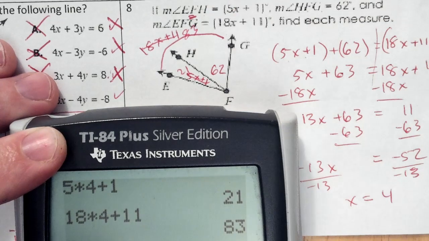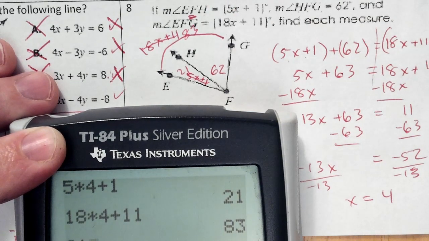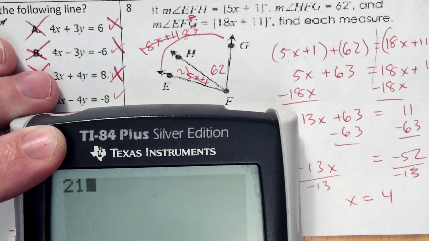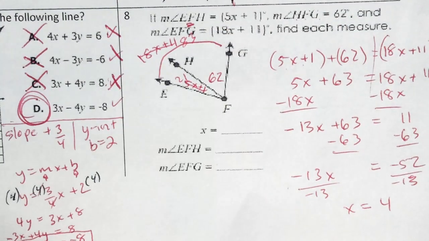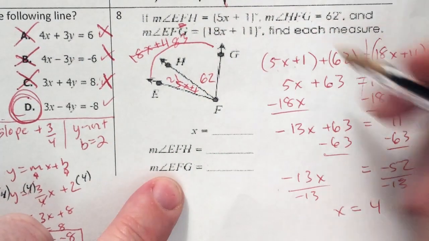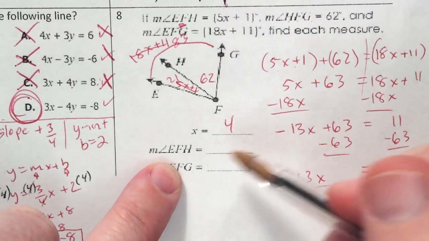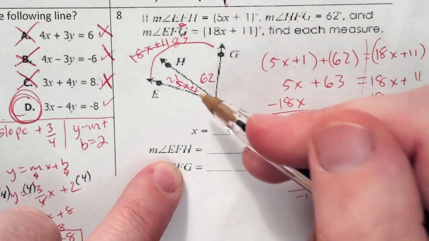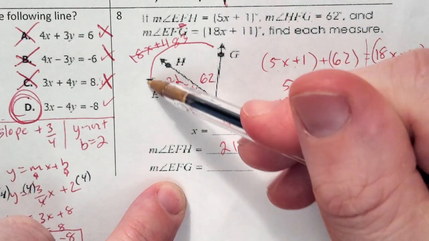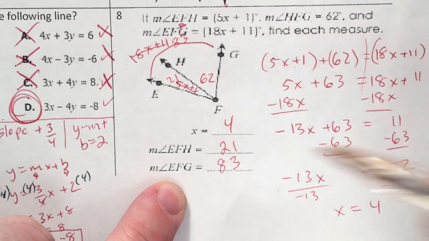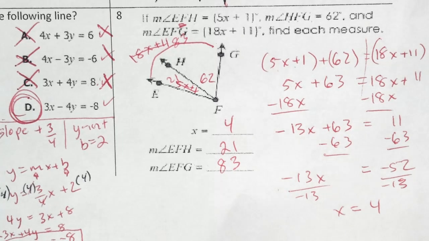And does that work? Does 21 plus 62 equal 83? Yes, it does. So that's telling me I'm doing this right. So x was 4, EFH was 21, and EFG, which is the whole shebang, was 83. Awesome. And that was the answer, number 8. Let's go to number 9.